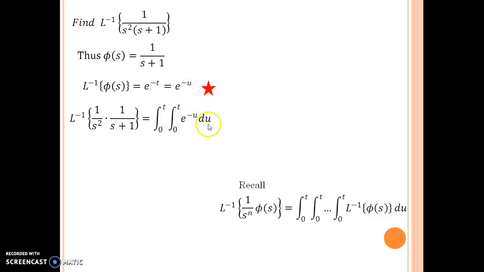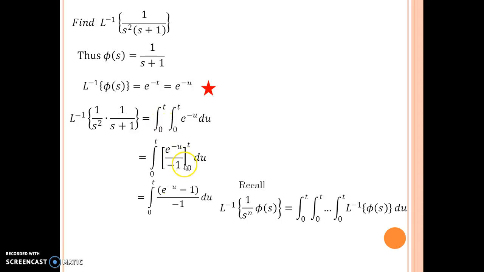Okay. Now you perform the first integration with respect to u. So integrating this e to the power minus u, you get e to the power minus u over minus 1, and the limits are 0 to t. Okay. Now when you substitute this 0 to t over here, you have to convert your answer again back to u, because there is one more integration that is left out, that is 0 to t.